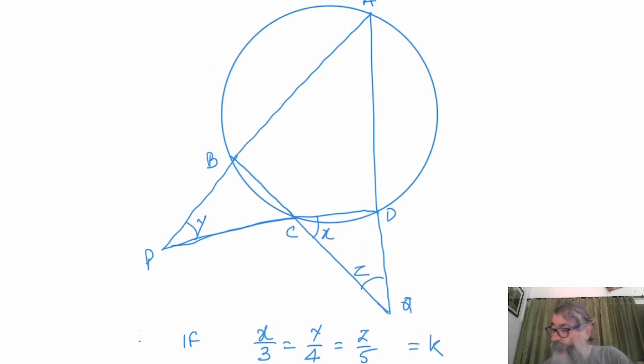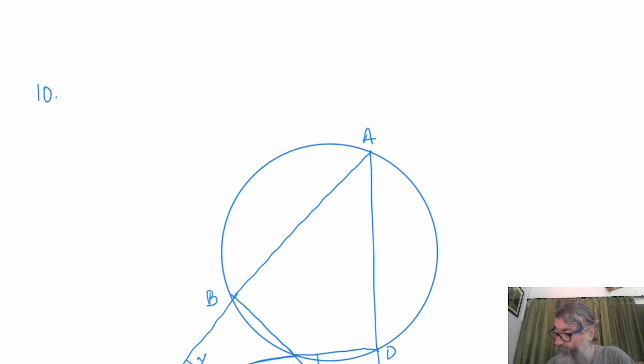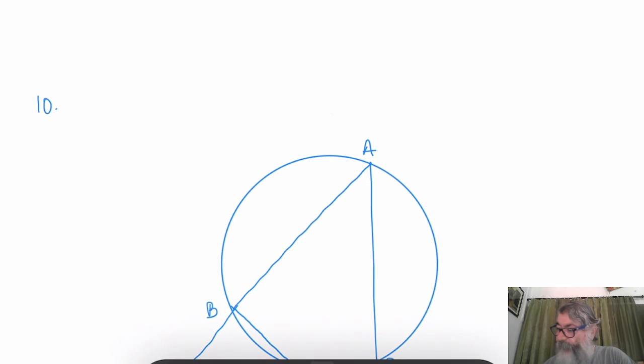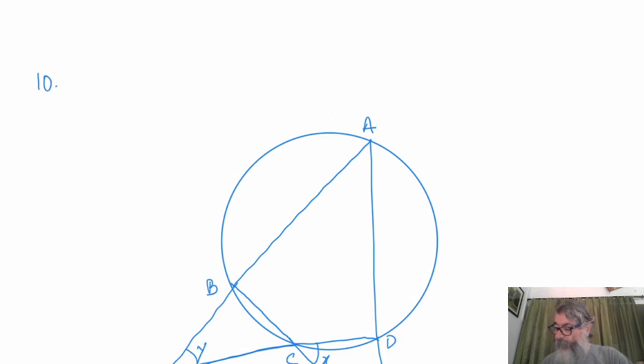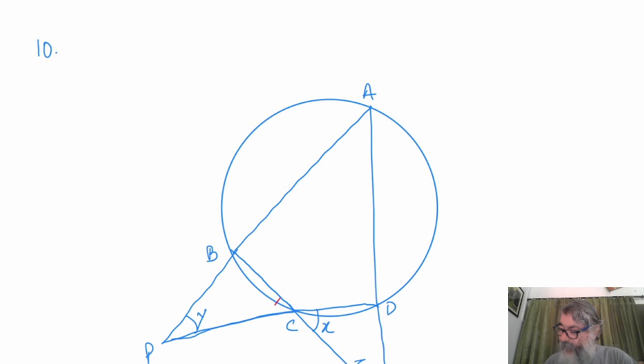Now let me choose another color and show you something in the figure. Now if this is X, this angle is going to be X. Why? Because these are vertically opposite angles.